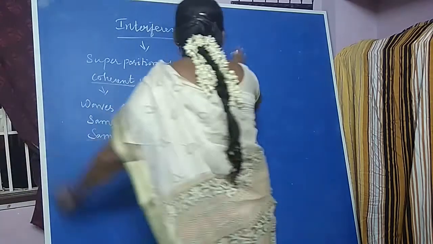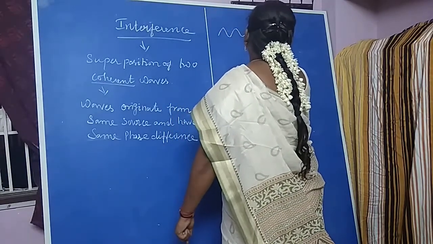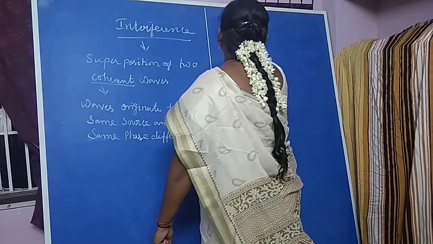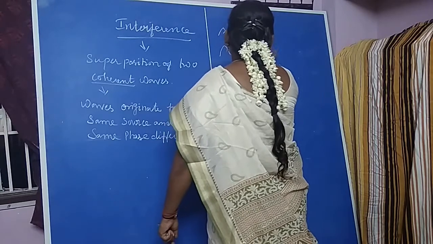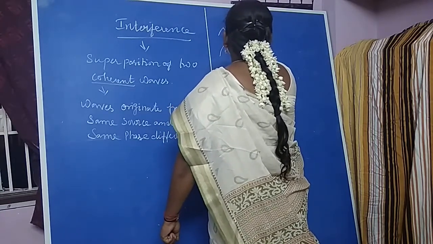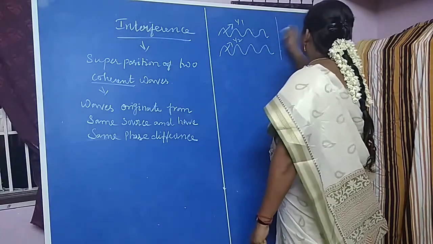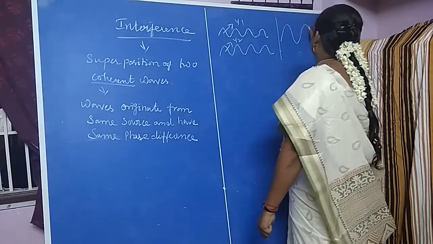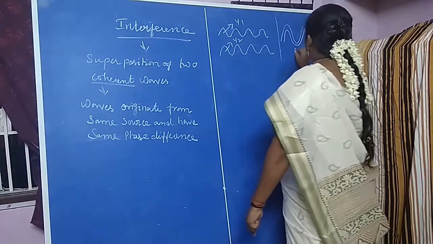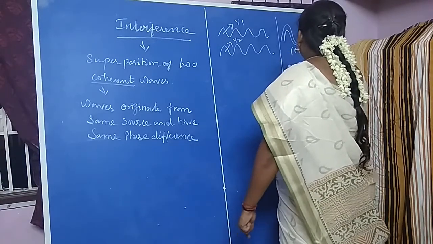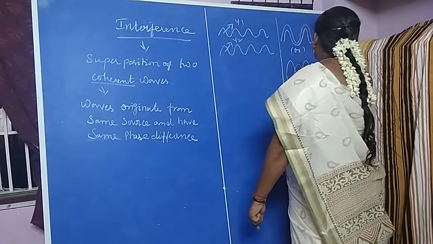Consider a wave. This is one wave, it will have the displacement y1, and another wave has the displacement y2. At some time, these two waves superimpose each other, like this or in this manner also.